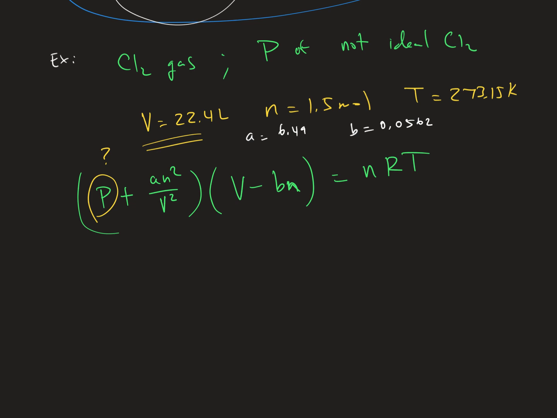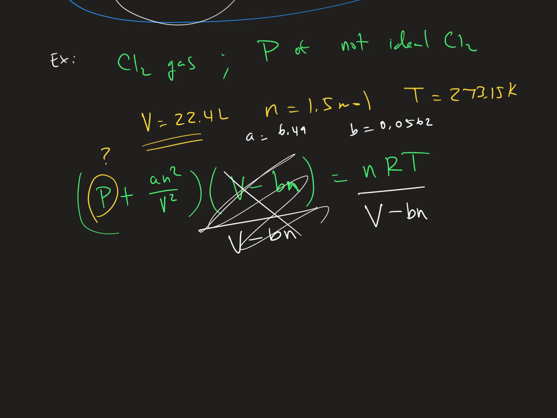Okay, so let's divide both sides by V minus bn, right? Are we okay with that step? Then that's gone, and we can get rid of those parentheses. How do we get P by itself? Subtract an squared over volume squared from both sides.